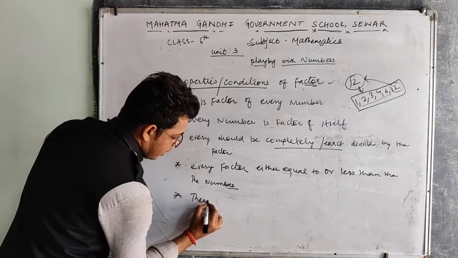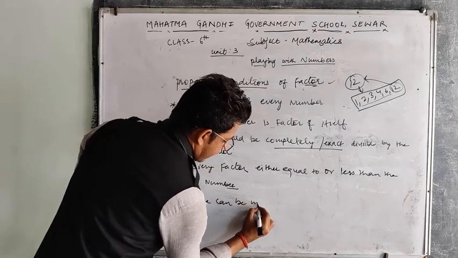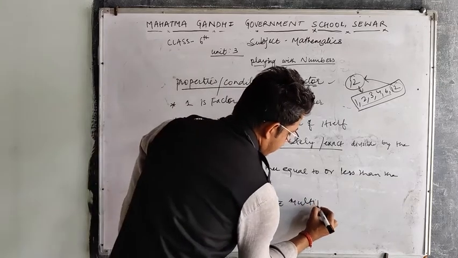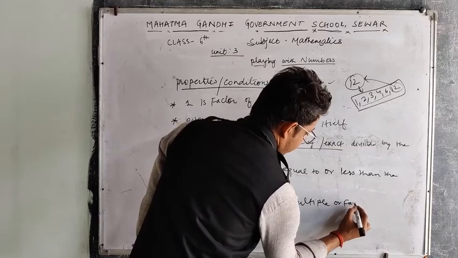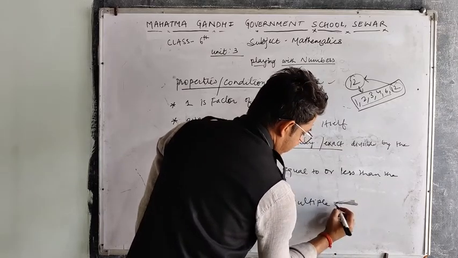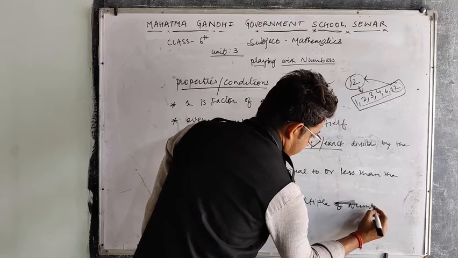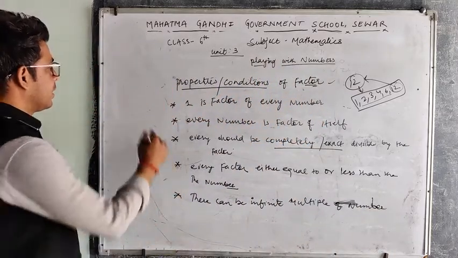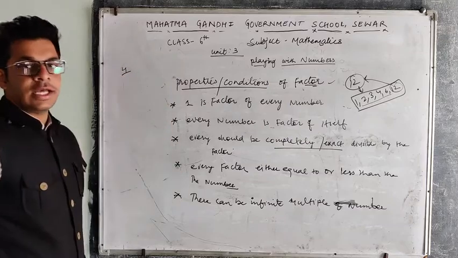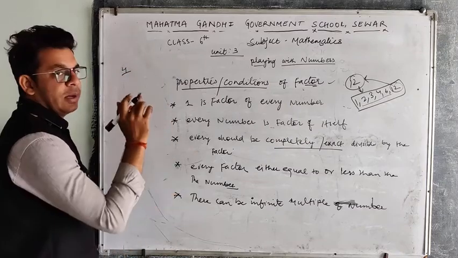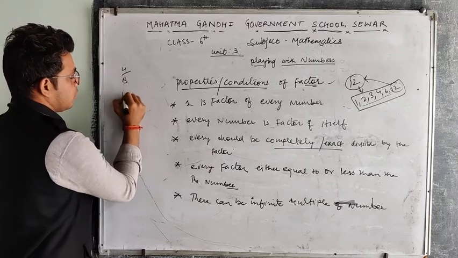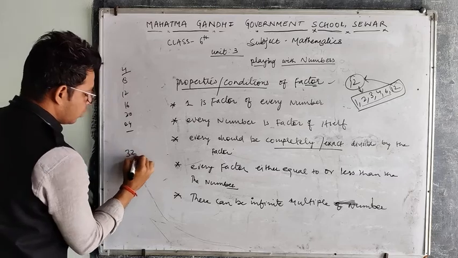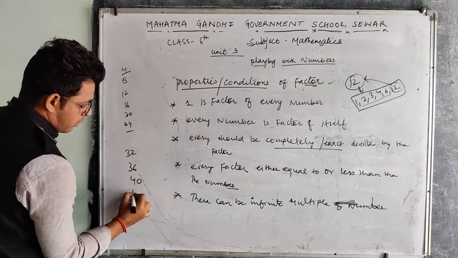There can be infinite multiples of a number. If I am making multiples of 4, there can be any infinite number of multiples of 4: 8, 12, 16, 20, 24, whatever, 32, 36, 40, 44, 48, 52.